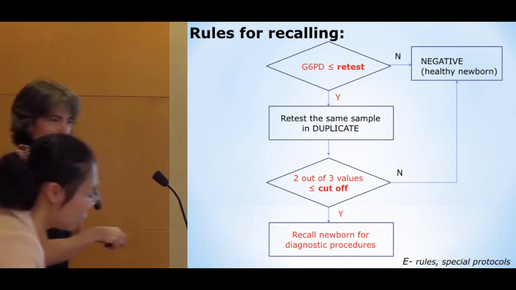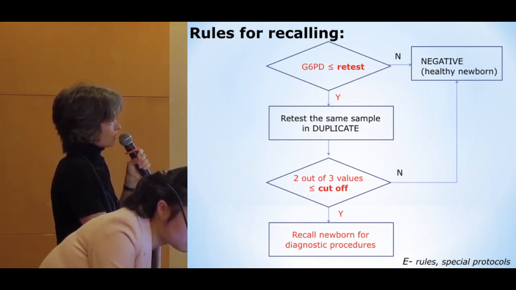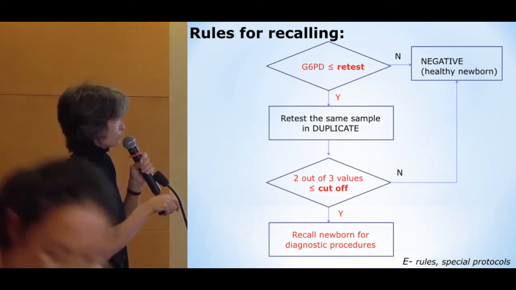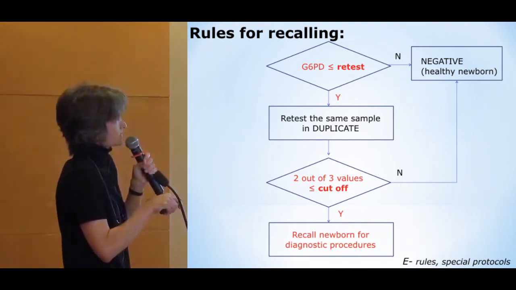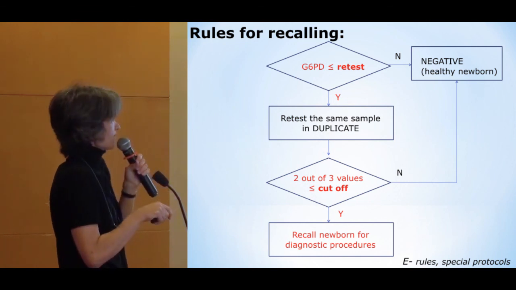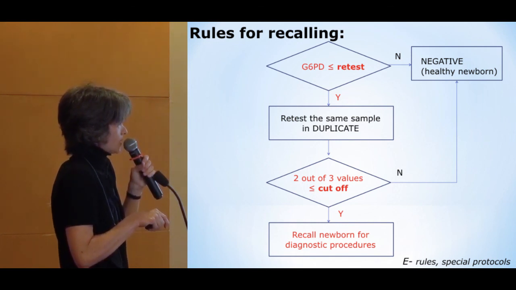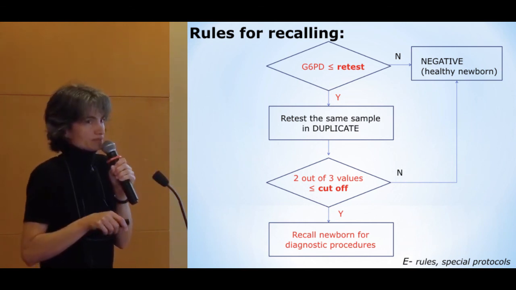The G6PD value requires to retest in duplicate the same sample when it's low compared to the retest level. And then again, if 2 values out of 3 are low compared to the cutoff, in this case, the newborn will be recalled, okay?